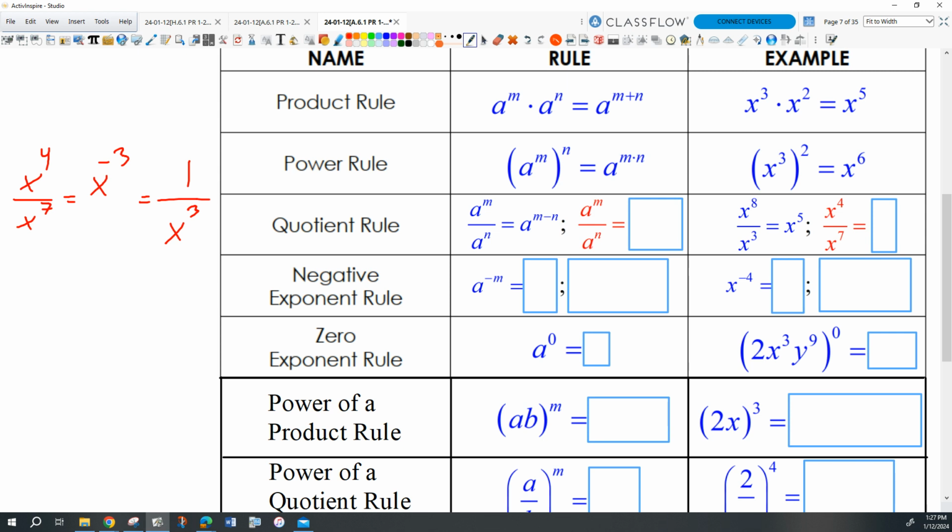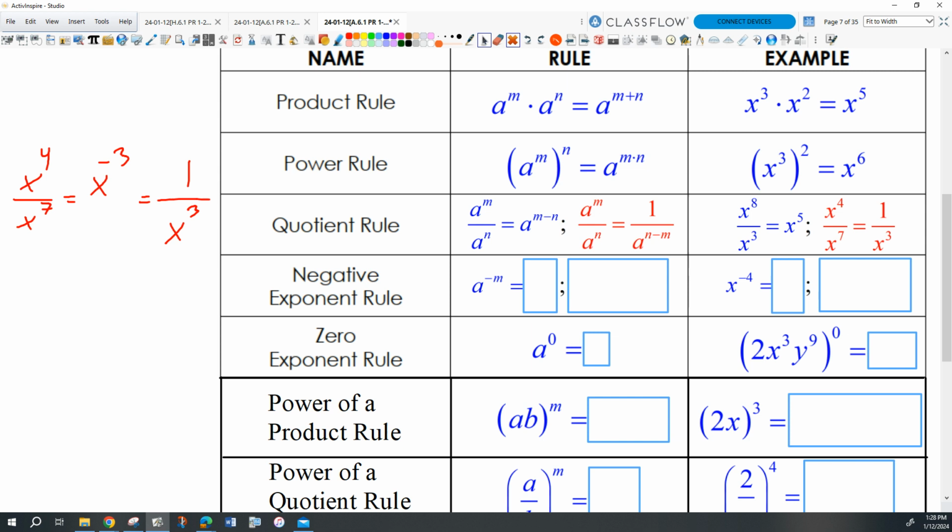So in this case, I know 7's bigger than 4, so I'll keep the base on the bottom, and on the bottom I'll do X to the 7 minus 4, which in one step gets me to my answer, right? So we can think of this either way. We can either subtract N from M on the top, or M from N on the bottom. You get the idea. Depending on which one's going to give me a positive exponent, okay?